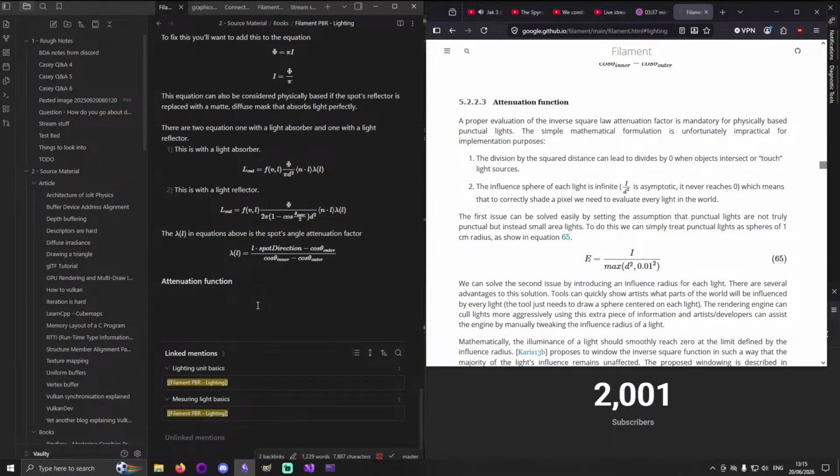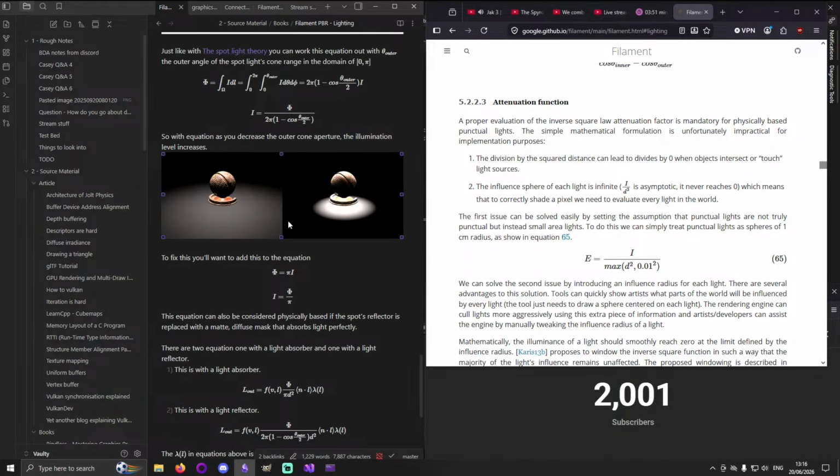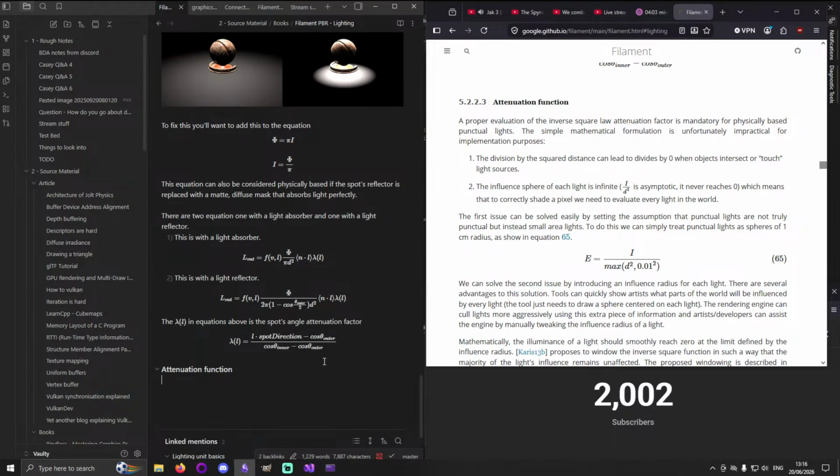Attenuation function, a proper evaluation of the... So yeah, I didn't finish my thought on lighting. Hello, Mabdo. Doing this study really helped me connect the dots with the offline renderer code that we did, the stuff that we were studying. Look at that, 2,002.